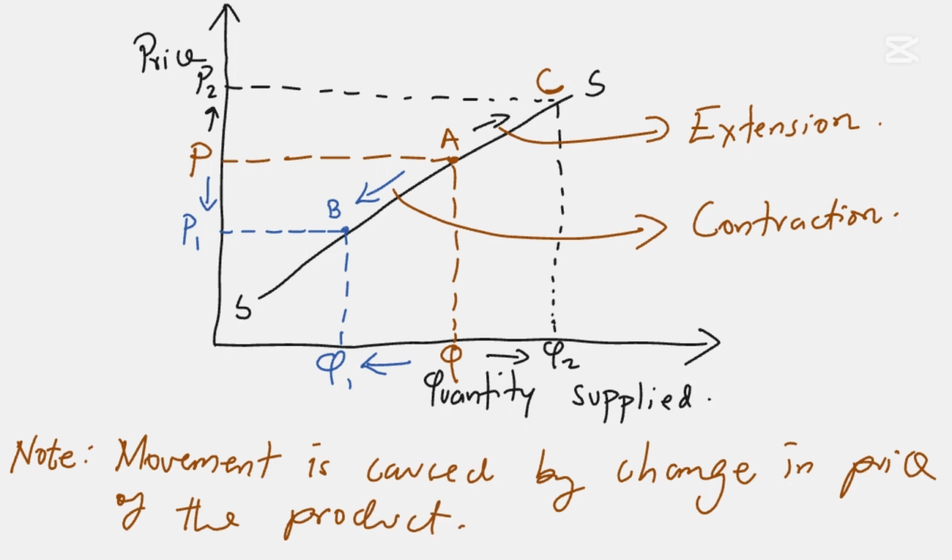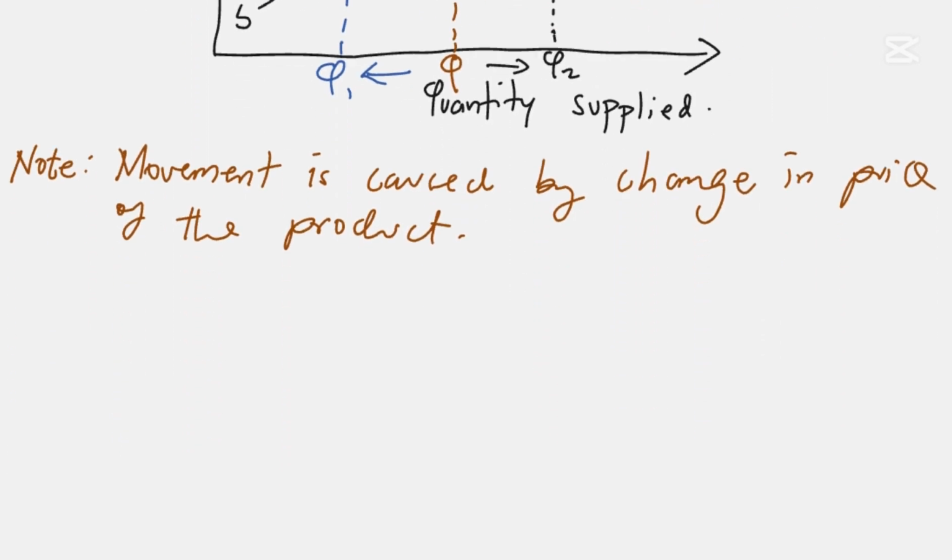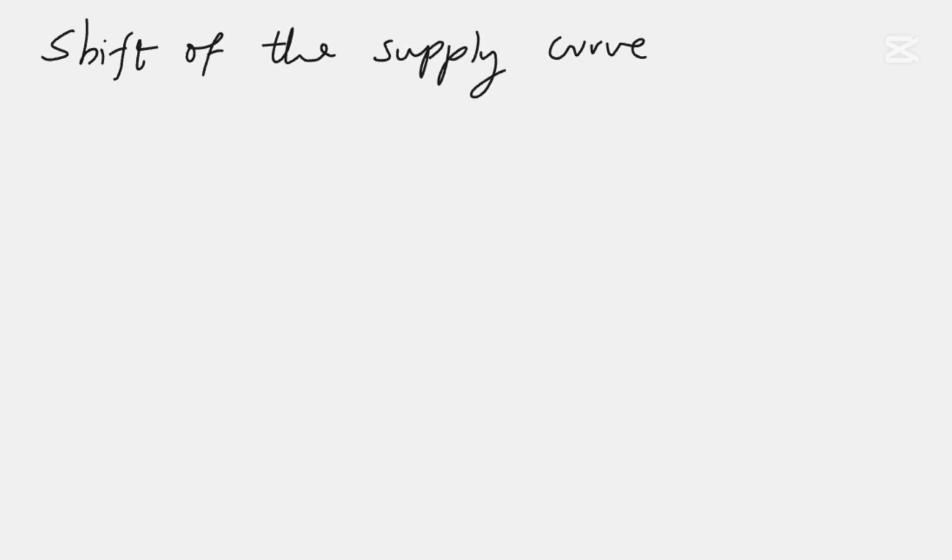In short, the determining factor is price, because we are going to see what happens when other factors are changing, and that's why we are looking into the shift of the supply curve.